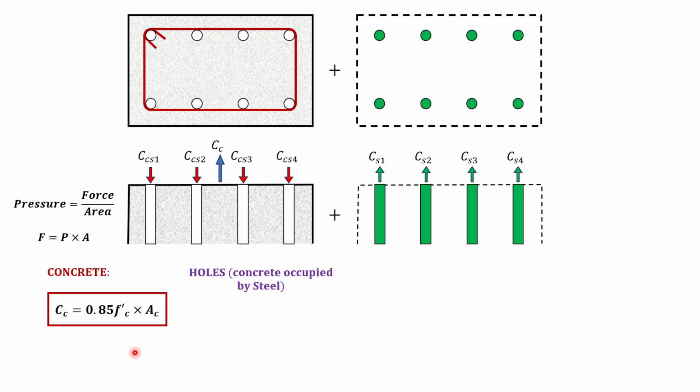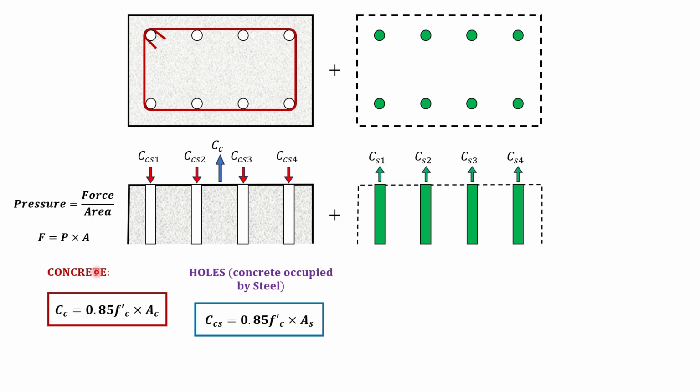Now for the holes, which is also a concrete occupied by the steel. Now we call this C sub CS. Again, this is concrete simply occupied by the steel.